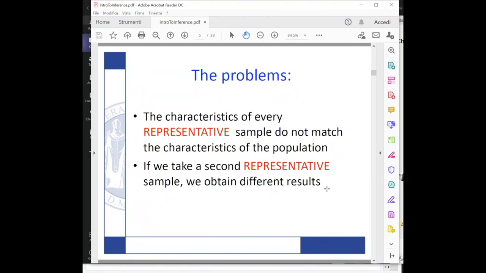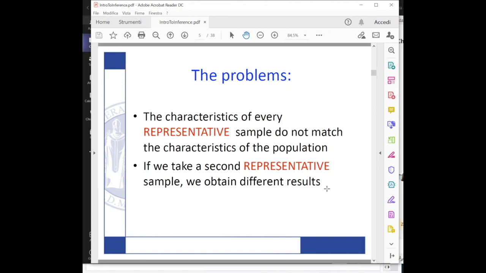The two problems. First one, the characteristics of every representative sample do not necessarily match the characteristics of the population. Look at representative, it is written in red, just to tell you that the sample must always be representative. Otherwise, we don't have an experiment, right?